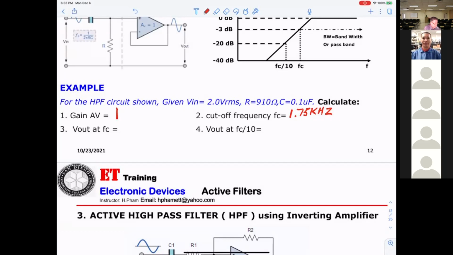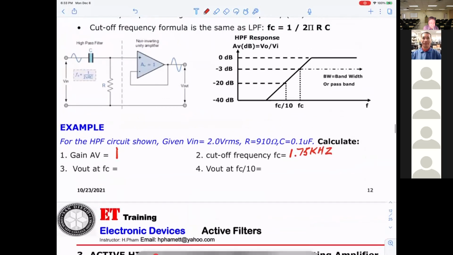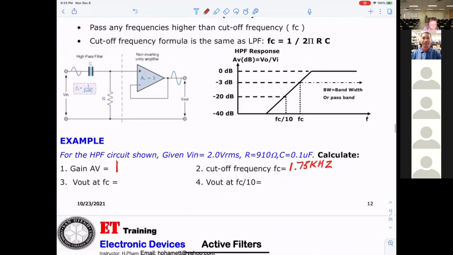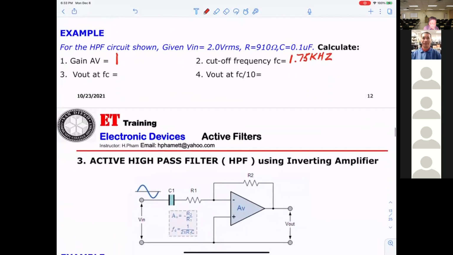Okay, number 3, V out at cutoff. That means V in is 2 volt. So V out at the cutoff, you take 2 volt times 0.707. It's 1.414 volts.